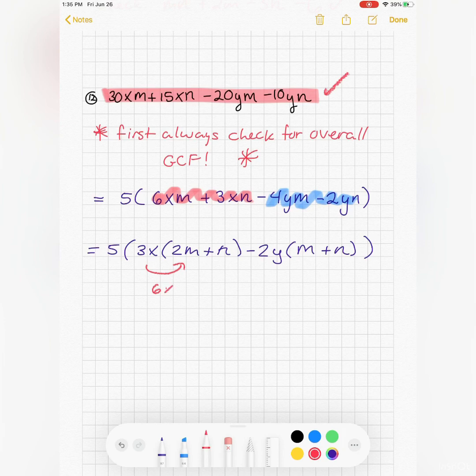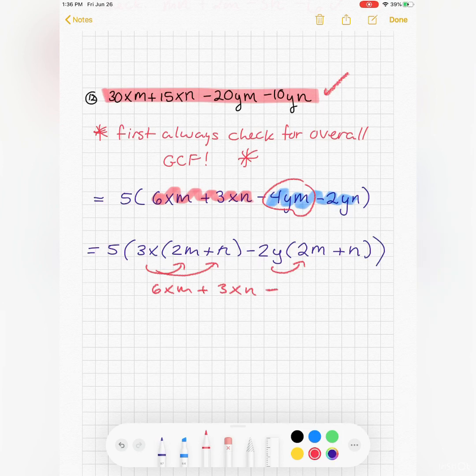So let's see, that'd be 6xm plus 3xn negative 2ym. I think I see another mistake. Because I should have a negative 4 here. So again, that's why I'm checking these steps as I go. It should be a 2m plus an n. Okay, let me keep checking now.